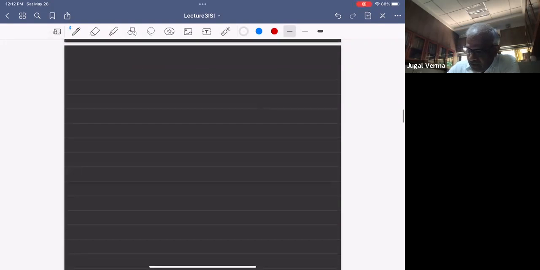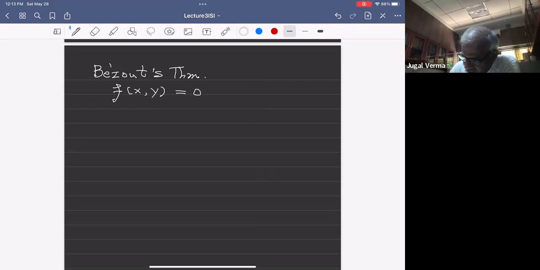All right. So now I want to take the last topic, which is only an introduction. And I hope that you will feel interested in reading more about this. So this is about a classical theorem of Bezout, which takes two curves given by these equations.